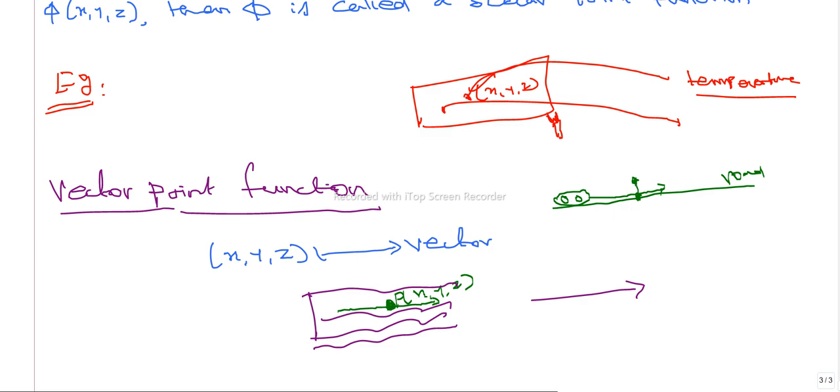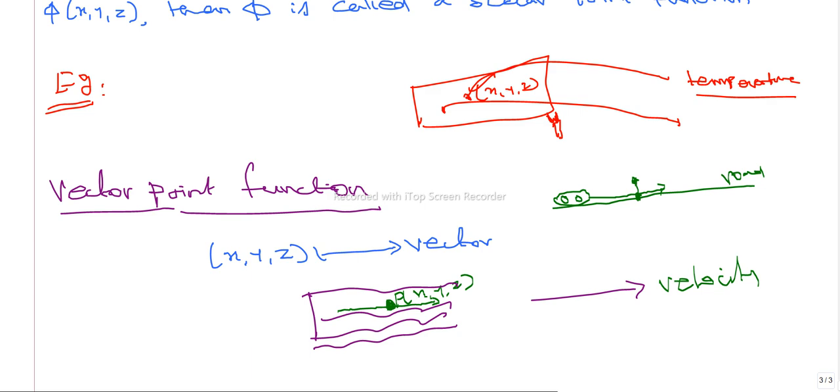I assign that point the velocity at the point. This velocity has both magnitude and direction: how fast it travels and which direction it moves. So this is a vector valued function. If you take any point, we have to assign some vector, and a vector has both magnitude and direction.